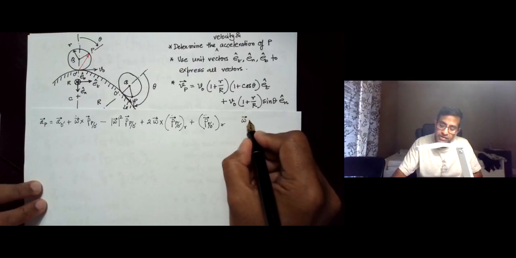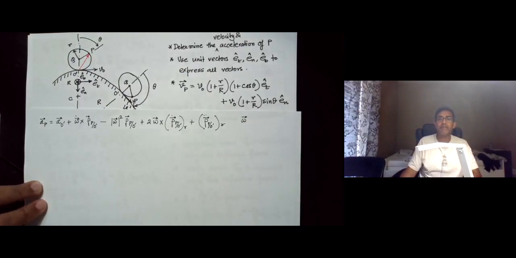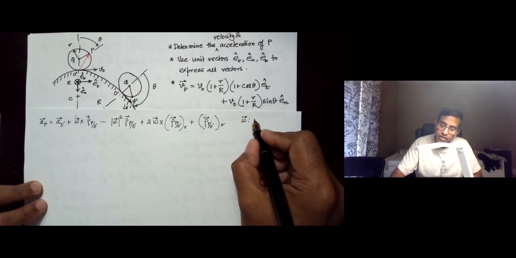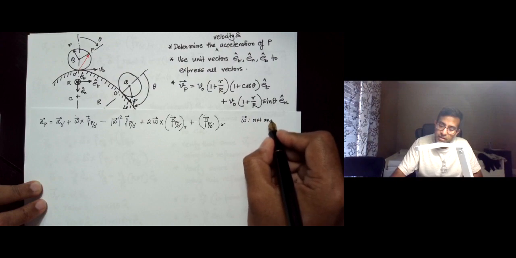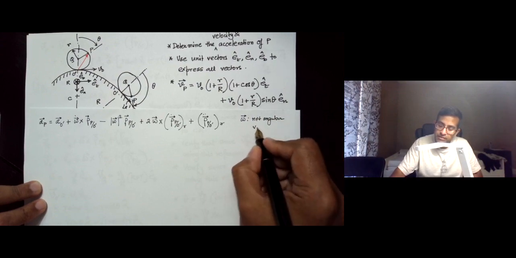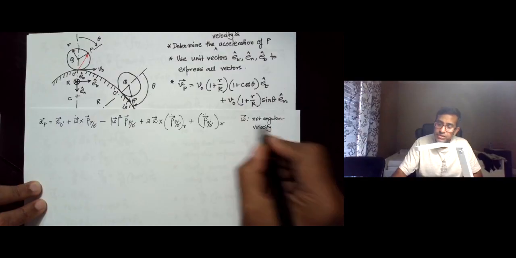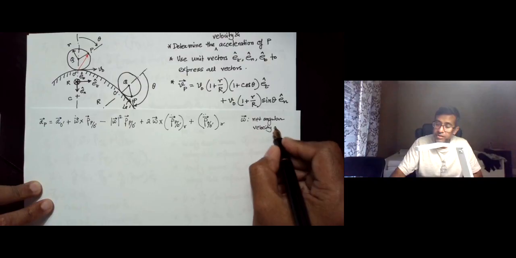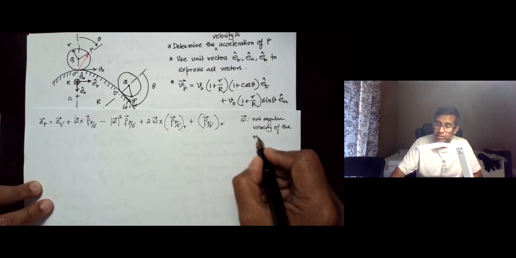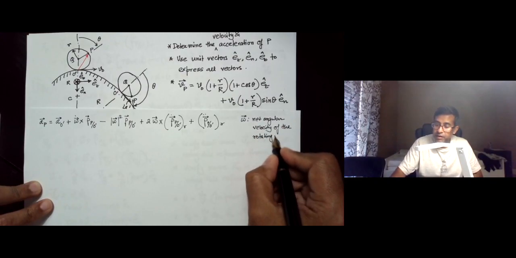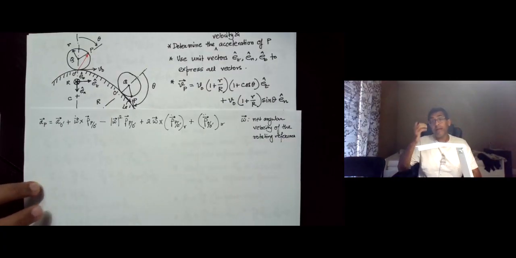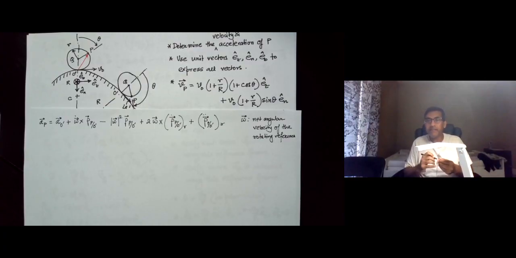Omega, always when we use these relative velocity and relative acceleration equations, is the net angular velocity, which is the total angular velocity, not any relative quantity, angular velocity of the rotating reference. And we have clarified this before. The reference frame and the triad are different things.